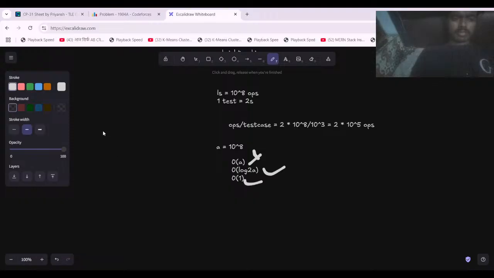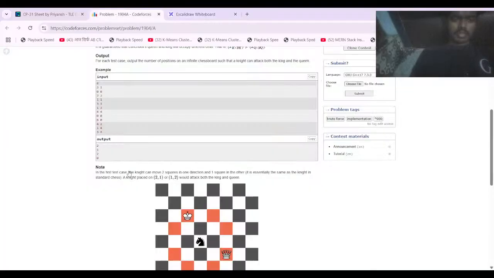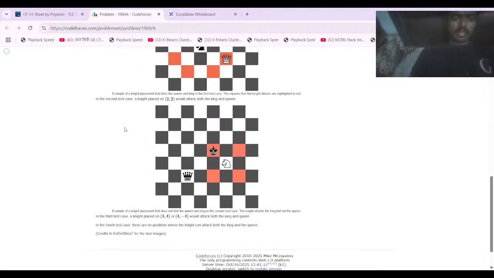So now let's come to the main part. If I start with our solution in our head, where I considered every cell being the attacking location of the knight, this is one perspective.